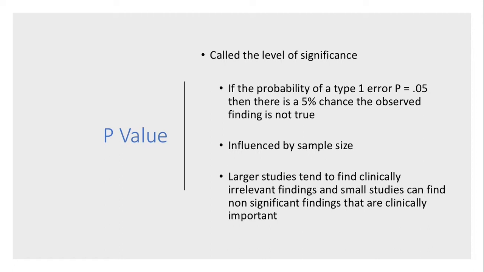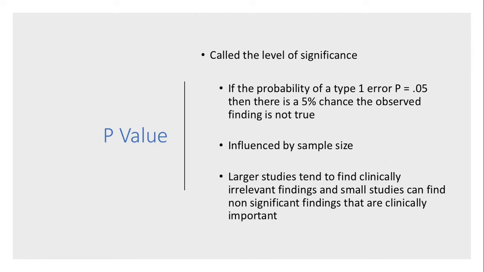So if the probability of a type 1 error is 0.05, this means that there's a 5% chance that the observed finding is not true. The p-value is influenced largely by the sample size, meaning with larger sample sizes, you have a greater chance of finding a difference. But with very large studies, sometimes you can find statistically significant findings that are clinically irrelevant.